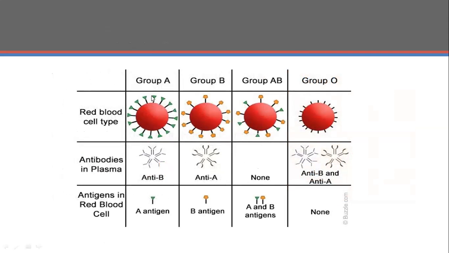This slide is for your information, to know the differences between the blood groups. Here, these are called antigens. What are antigens? It is the same as how our immune system, our antibodies in our plasma, in our blood, recognize different viruses and attack them.